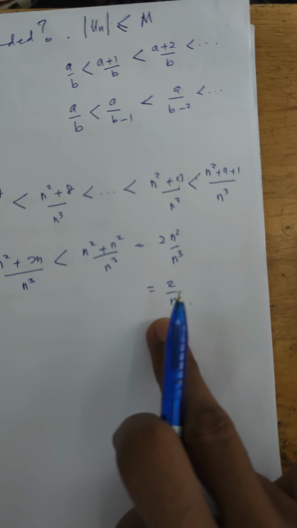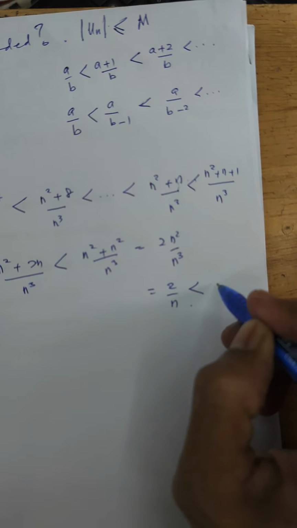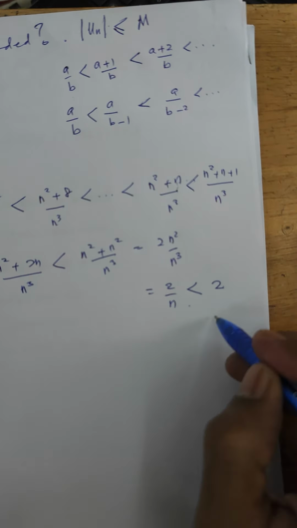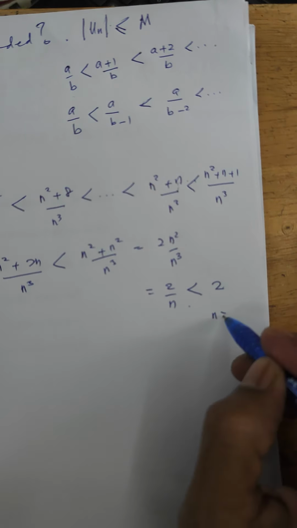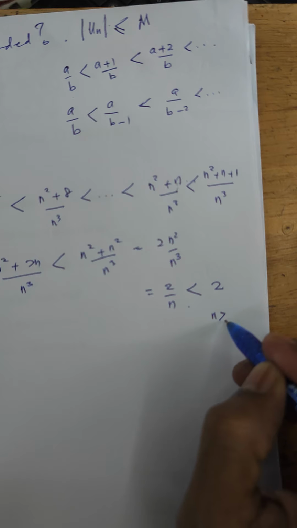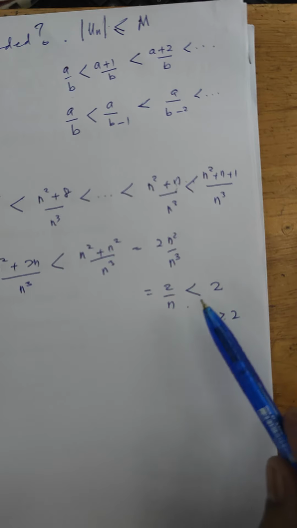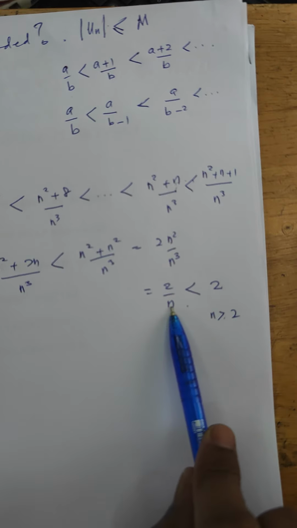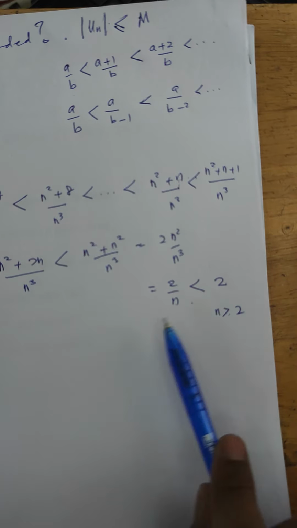Of course, for this case, when n equals 1, you can see obviously this is less than 2. For n greater than 2, for n equal to 2, we get 2 over 3, less than 2; 4, less than 2; 5, less than 2; then everything.